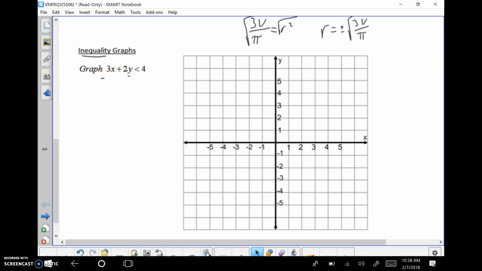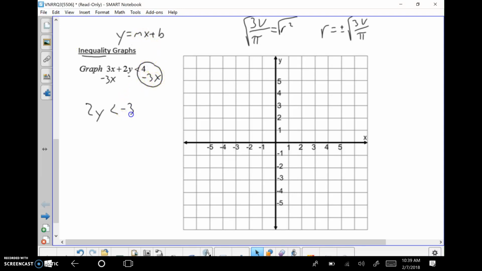So the 3x is not attached to it, so I could subtract 3x to the other side. And that's going to give us 2y is less than. Now, the order in which I put these does matter for graphing purposes. Remember, like y equals mx plus b, your constant should go last. So the 4 right now is a constant, and the mx is negative 3x.